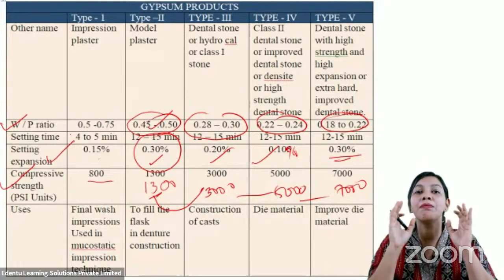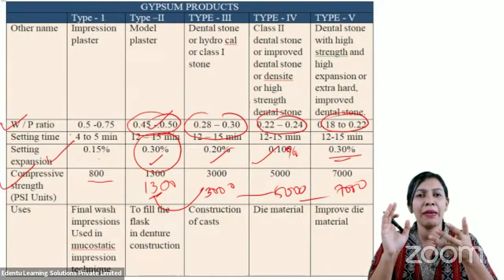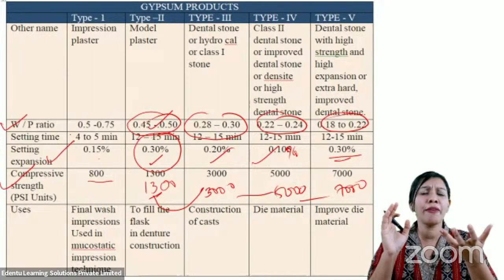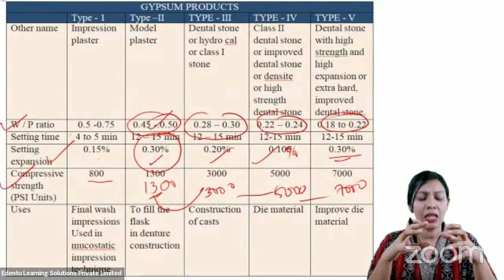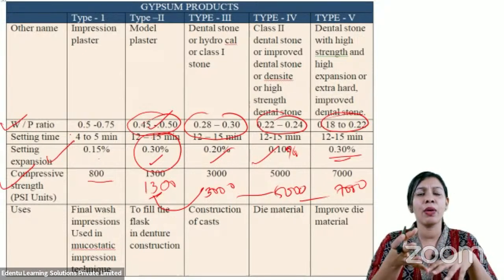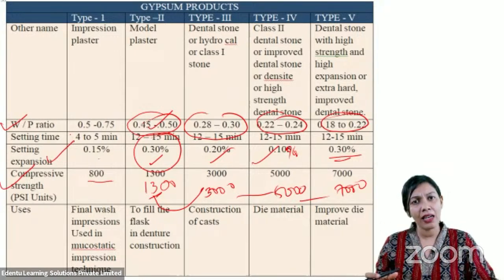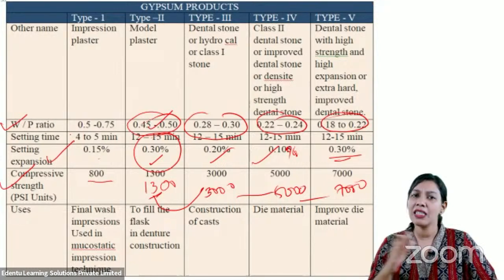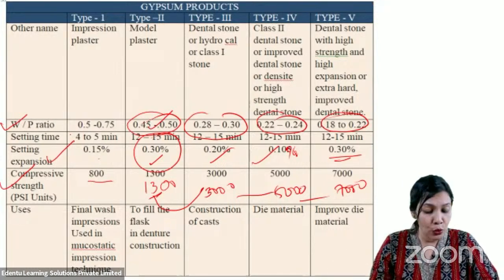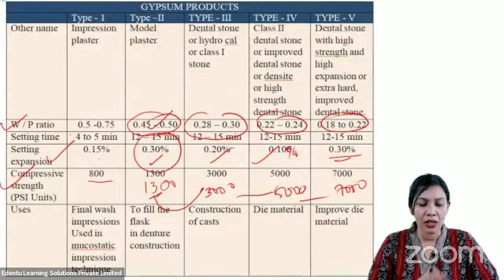You just memorize beta hemihydrate has a more porous structure, so more of a water powder ratio. Next is the setting expansion. The first one is just half of the second one, 0.15, just double 0.30, just reduce by 0.10, 0.20, 0.10, and after that the same as that of type 2, and after that the compressive strength.